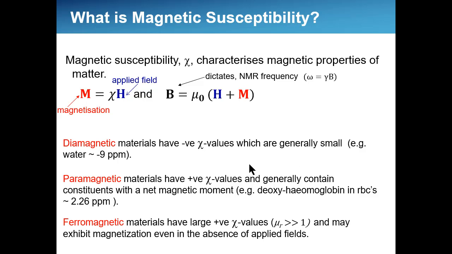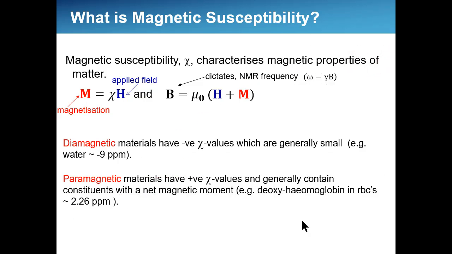So when we think about these kinds of materials, moving towards the context of MRI or NMR, ferromagnetic materials, which I haven't mentioned, are materials which have large positive susceptibility values, and they can become magnetized, remain magnetized even when magnetic fields are removed. We don't normally bring them into the environment of an MRI scanner, so we don't have to worry too much about them. Diamagnetic materials, everything is intrinsically diamagnetic.